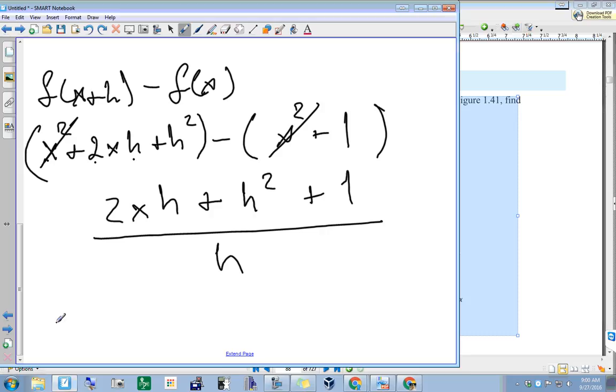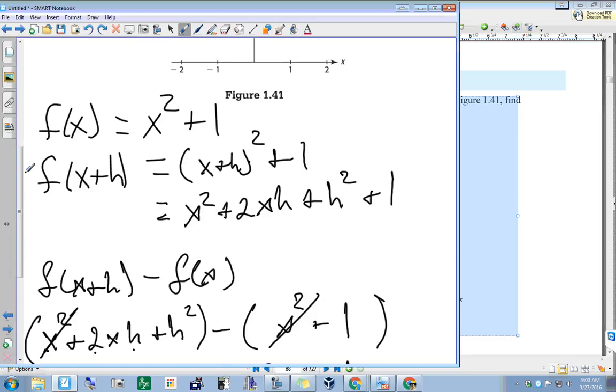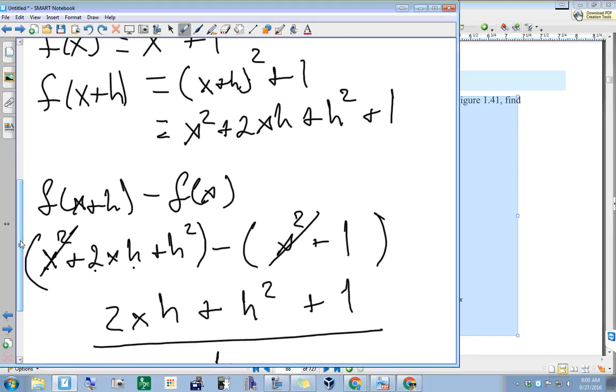I just realized I screwed up one thing. And this happens. I forgot one number here when I wrote it down here, didn't I? Okay. And stuff like that's going to happen.